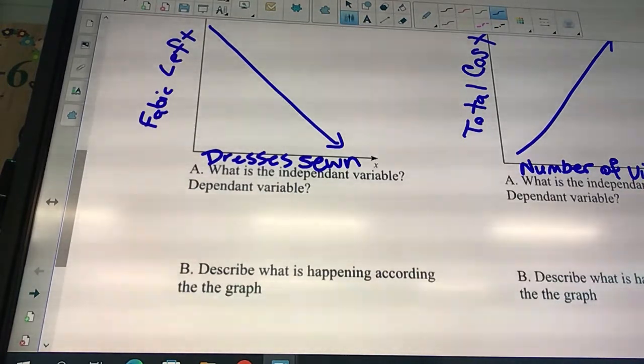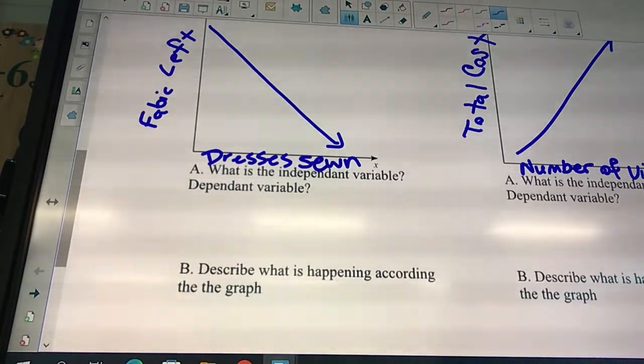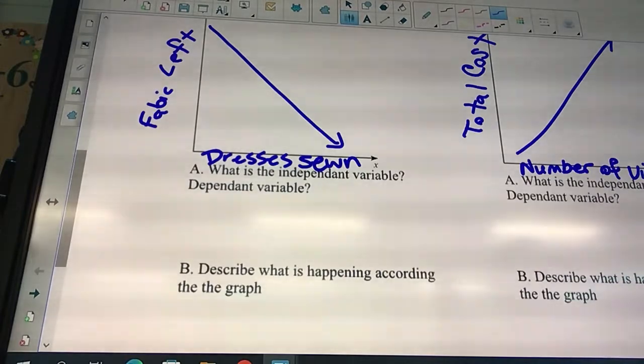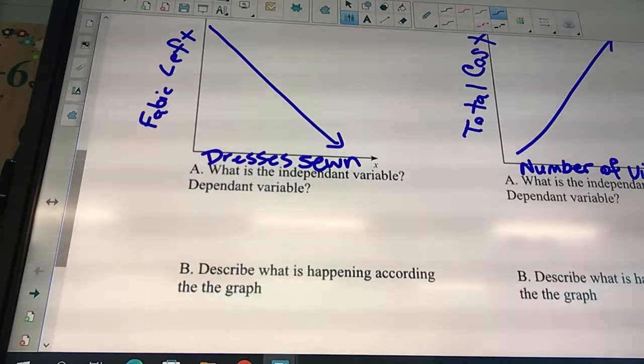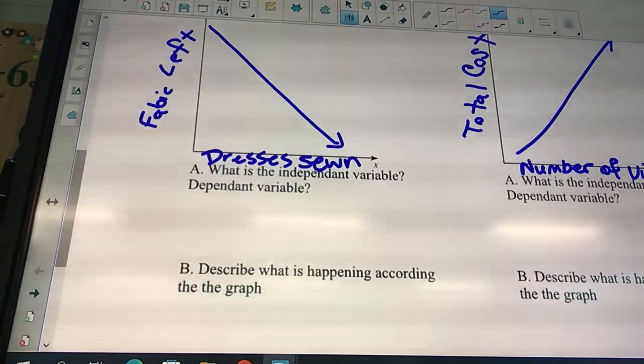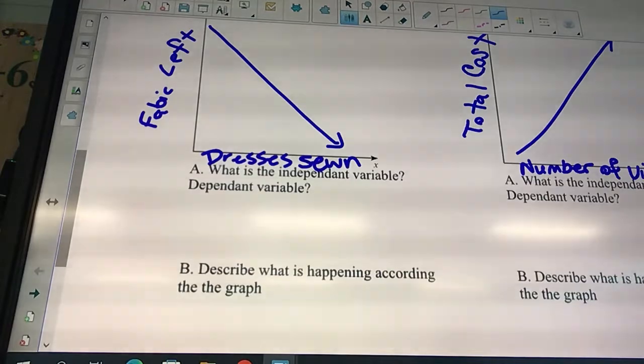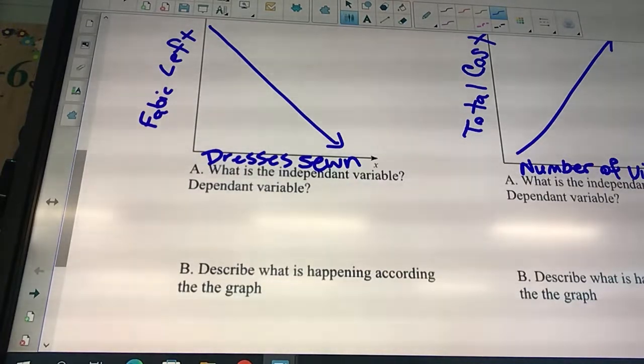So, you need to think. Can I sew dresses without fabric? No. But am I going to have dresses sewn if I don't have fabric? Okay, so which one makes more sense? Which one depends on the other?